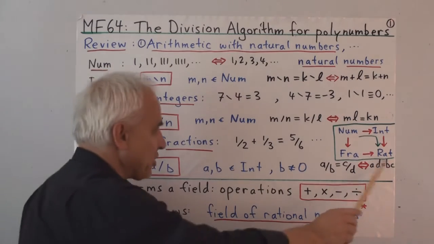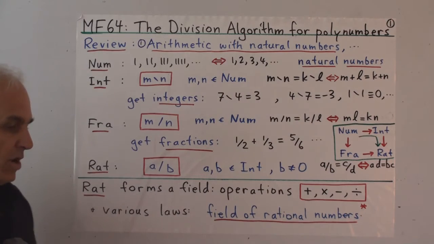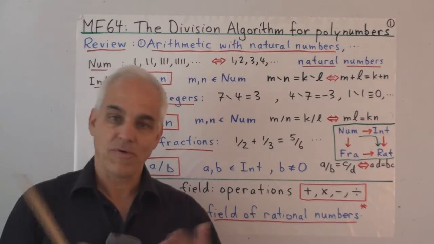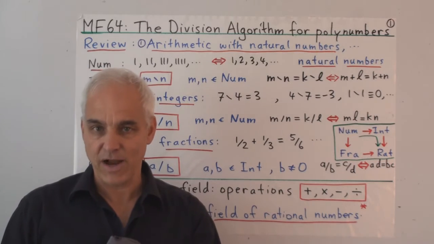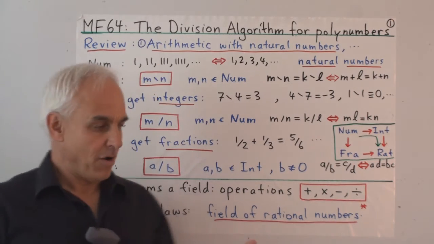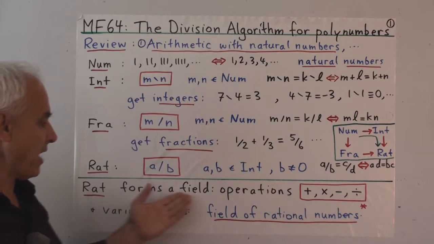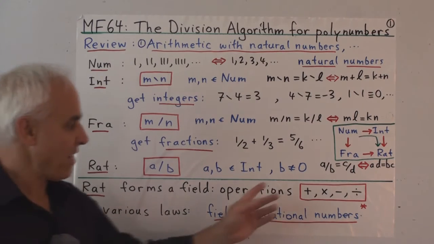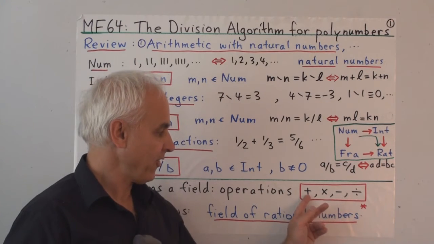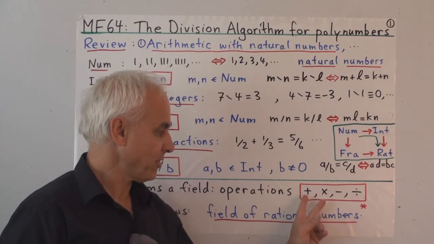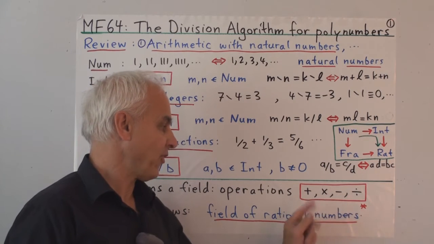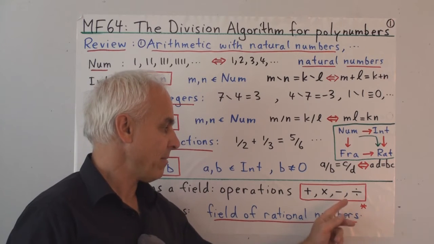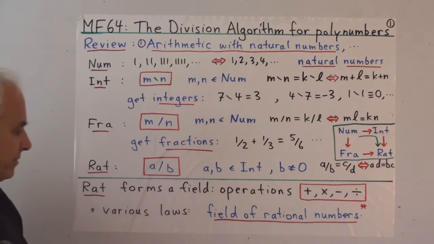Okay, and now the rational numbers, which intuitively are just all the fractions where we include negative fractions as well as positive fractions, all of those form what mathematicians call a field, meaning we have 4 operations: plus, times, those are our original 2, and then 2 new ones, in some sense the inverses of plus and times, minus and divide.